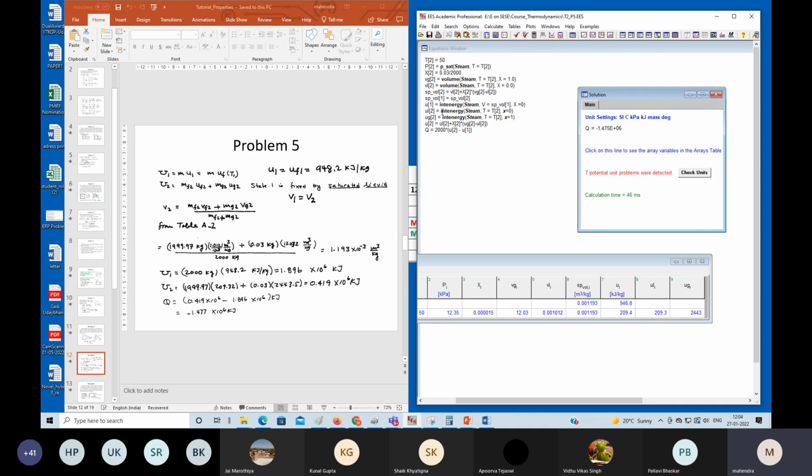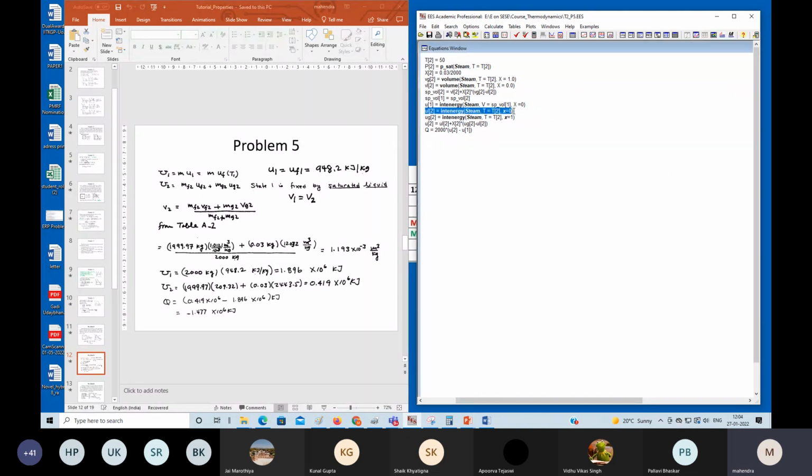If it is enthalpy, you will simply put enthalpy. So let us calculate the same thing. Enthalpy, what does it give you? This is H. And here, instead of internal energy, let us put enthalpy.